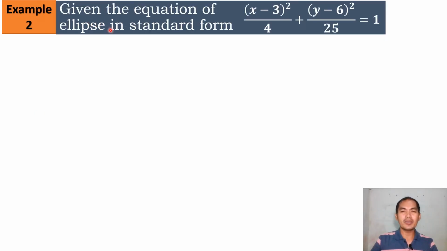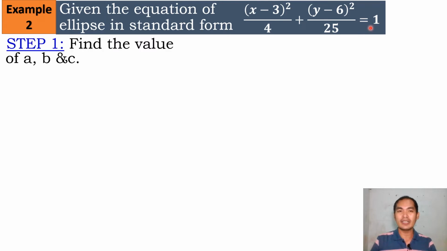Another example, given the equation of an ellipse in standard form, we have the square of x minus 3 over 4 plus the square of y minus 6 over 25 equals 1. Here, you're going to find the values of a, b, and c as our first step.